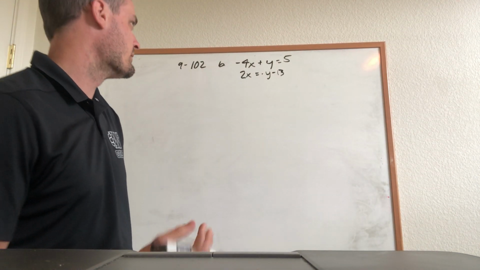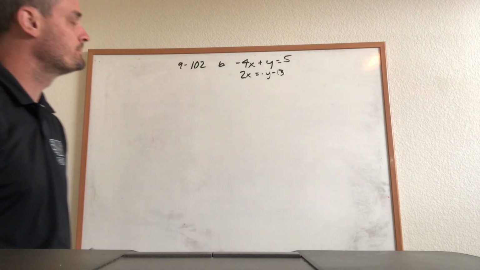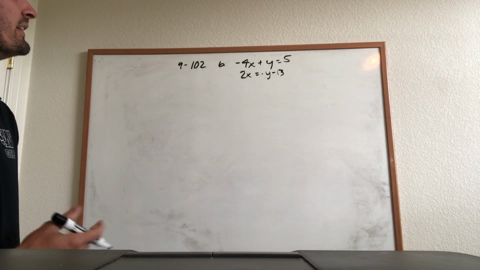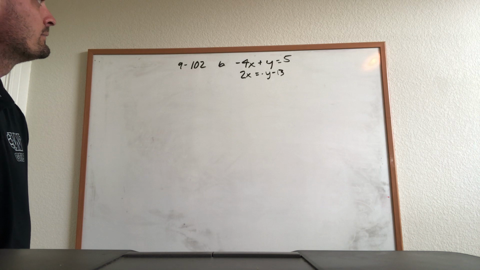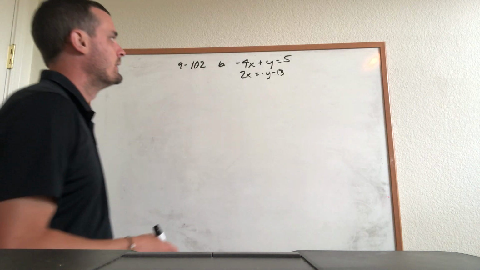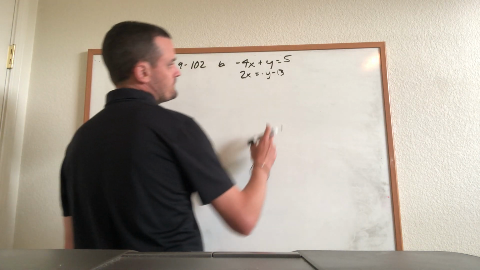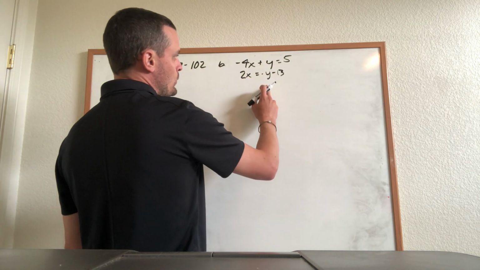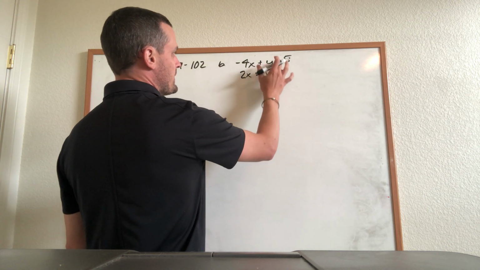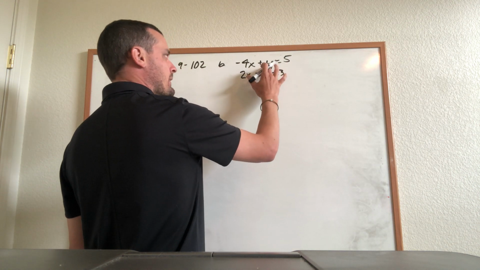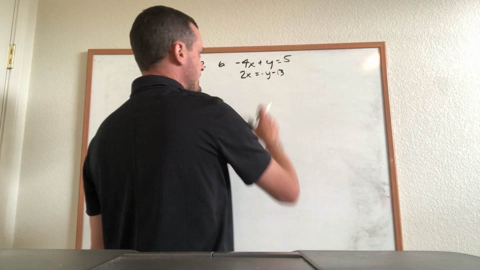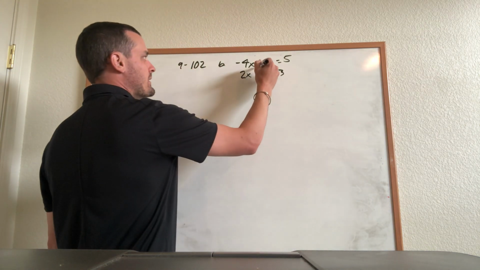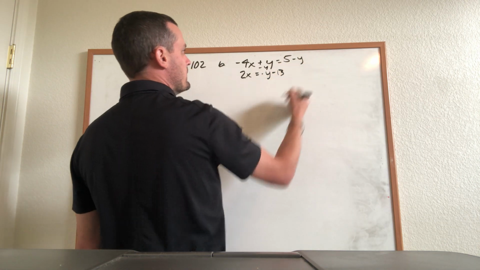So we either want to use elimination or substitution. It's very close to being lined up right now. We want to make it so that the equal sign lines up. Right now the y is on the left side here, but it's on the right side here. It's not super ideal, so let's move the y over there.